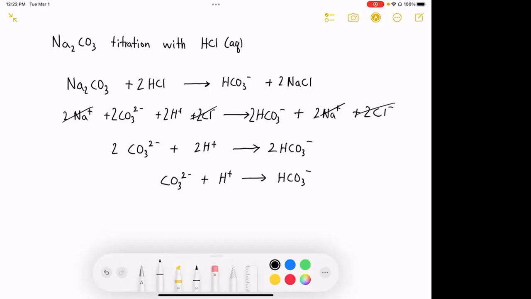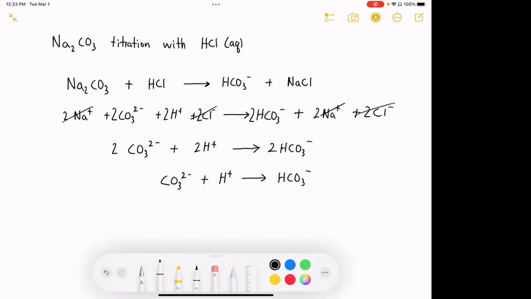So if we erase this 2 here, that 2 there, it should still give us sodium carbonate should give us HCO3 minus plus sodium chloride.